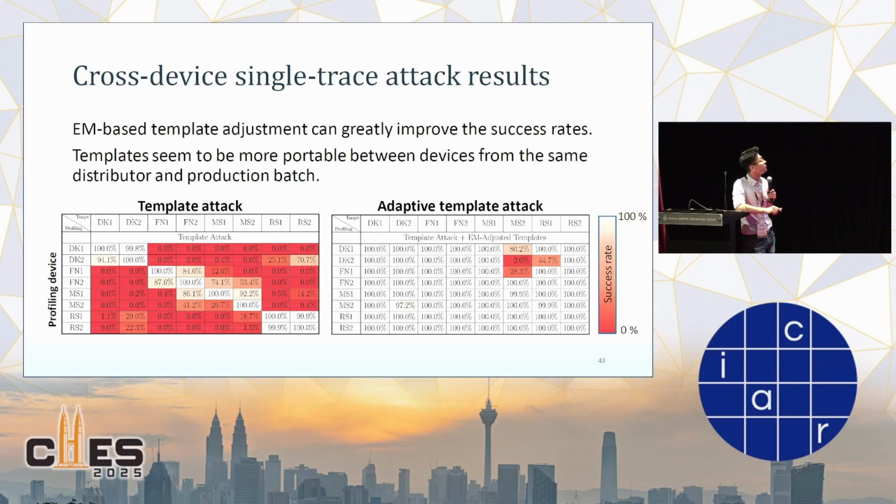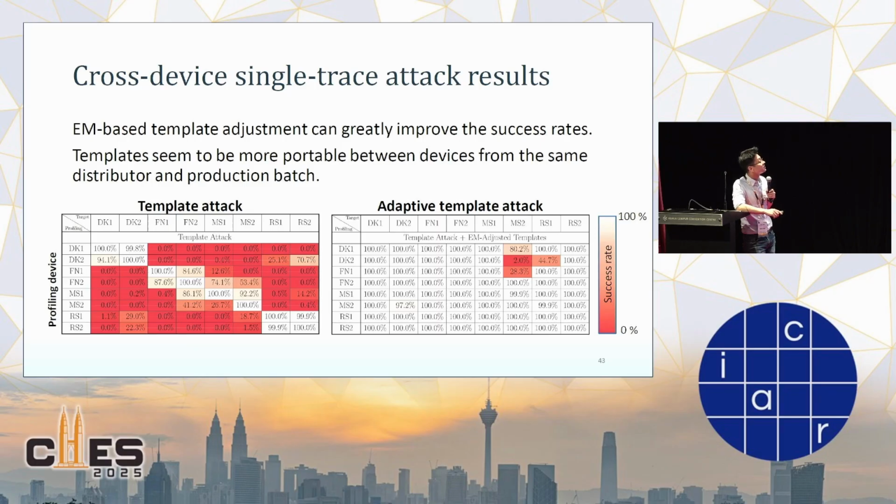The diagonal ones are the only ones that achieve some sort of success, and most of them come either from the device itself or from a device from the same distributor. With the help of our adaptive template attack, we can improve our single trace attack success rate from 0 to almost 100 for most of the cases.